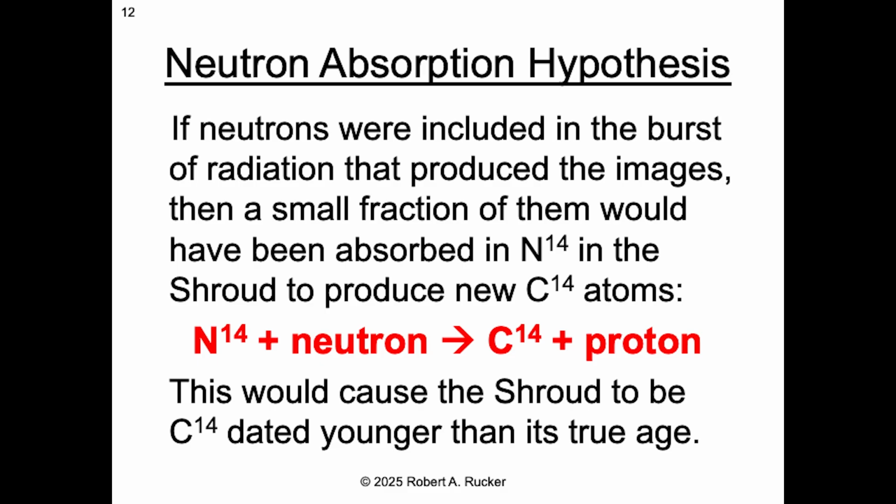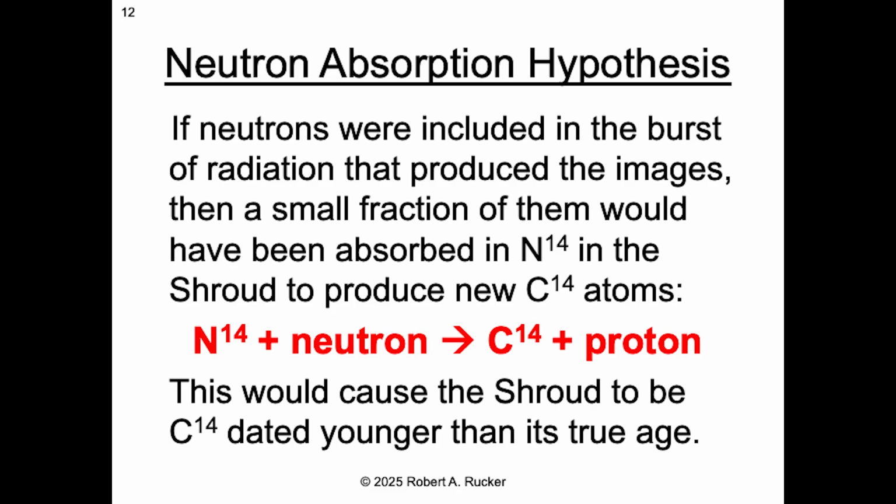But what I'm suggesting here is that if the radiation burst that formed the images also included neutrons, then a small fraction of them, probably 1 in a million, would have been absorbed in nitrogen-14 in the shroud to produce new carbon-14 by a well-established mechanism. There's no doubt about this mechanism. So nitrogen-14 plus neutron goes to carbon-14 plus proton.